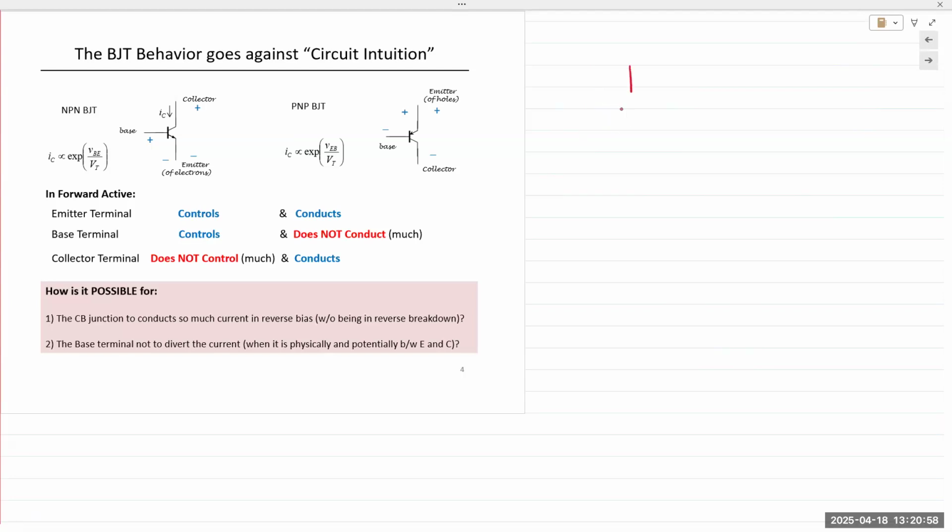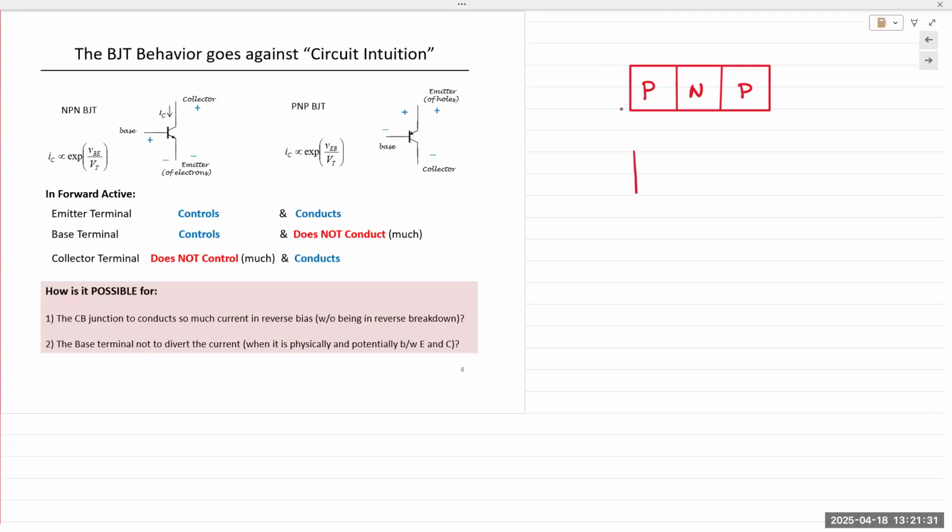We have only two types of semiconductors, P and N, forming PN junctions. So if you connect a PN junction and a third P-type material, we get what is known as a PNP transistor.